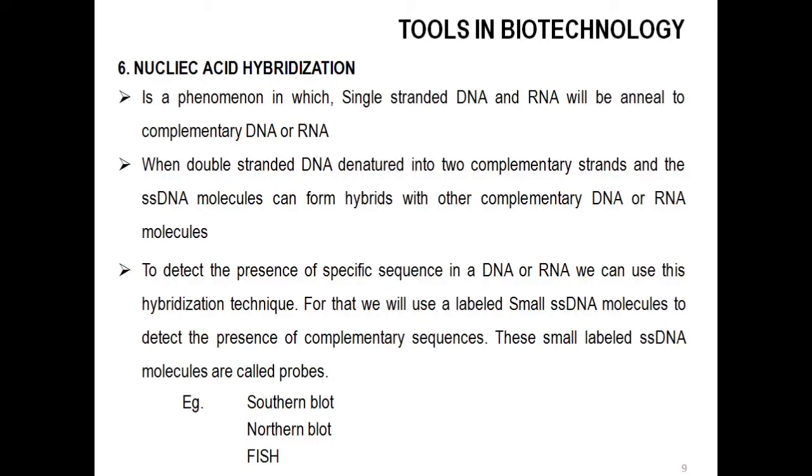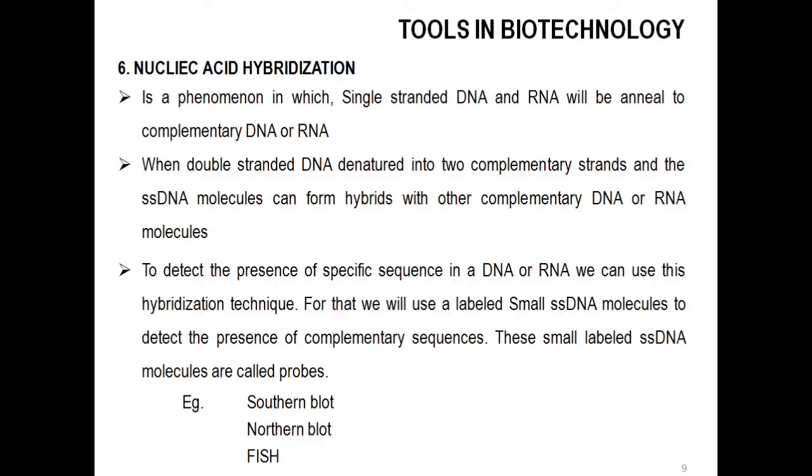That means when double-stranded DNA is denatured and forms two single strands, these single strands can bind, hybridize and form a double-stranded DNA. This is nucleic acid hybridization. This principle is used to detect the presence of a specific sequence in the genome of an organism.